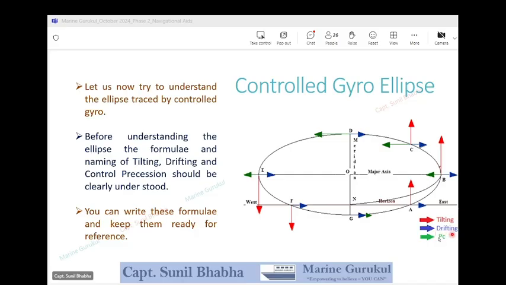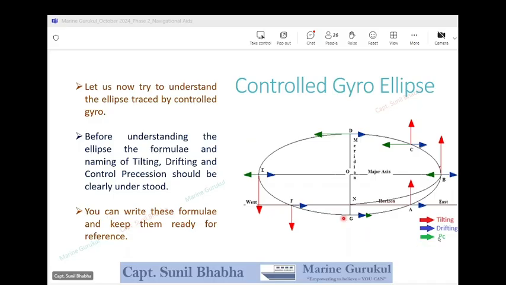And the third arrow, the green color arrow, represents the control precession. Control precession has been generated by applying the top heavy or bottom heavy arrangement, and it has been included by us to control the free gyro.